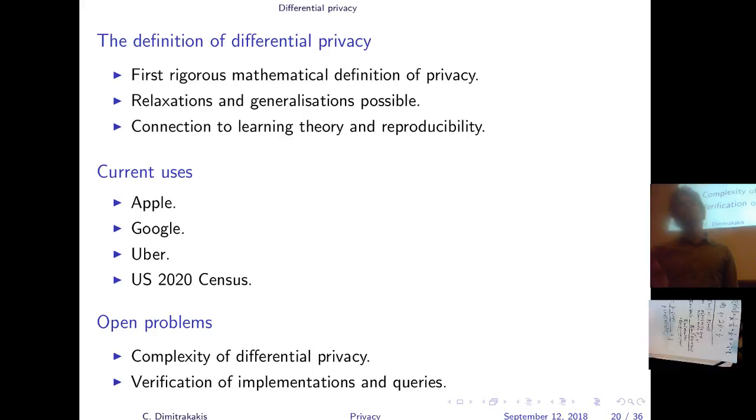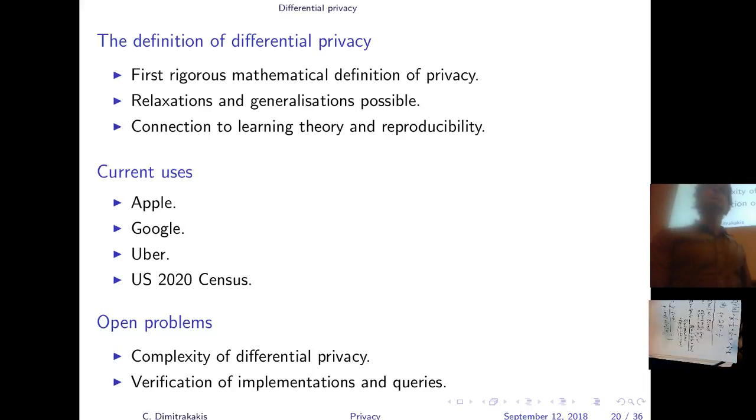And people have shown that you actually get better generalization ability if your algorithm is differentially private. It also helps with reproducibility. If you are tuning your parameters on a holdout set, you can use an idea based on differential privacy so that you don't actually learn the holdout set, because it's also possible to learn the holdout set if you test enough.